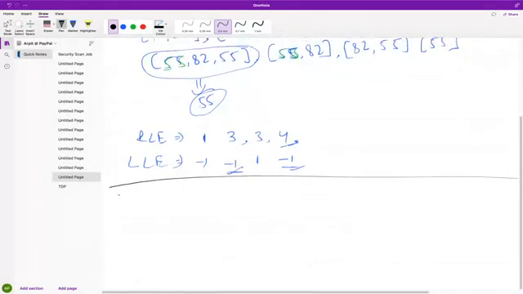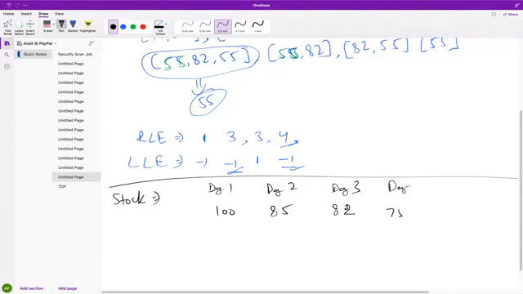So there is one stock, and we have the data of this stock for 5 days. On day one, the price was 100. Day two, price was 85. Day three, price was 82, and day four, price was 75.